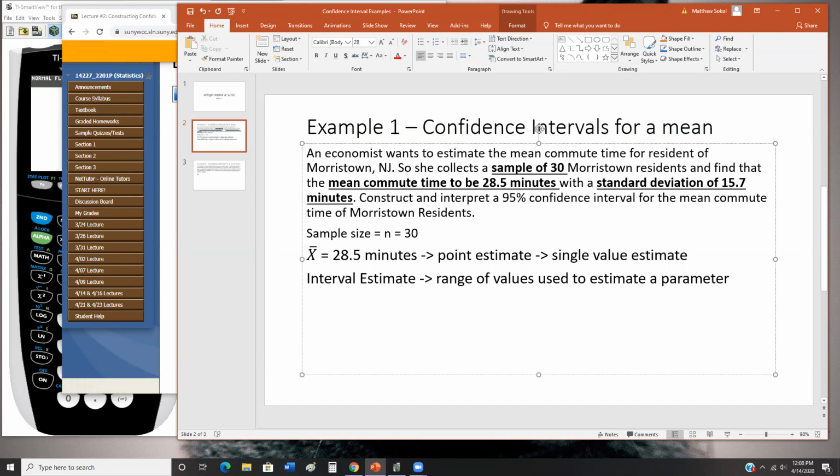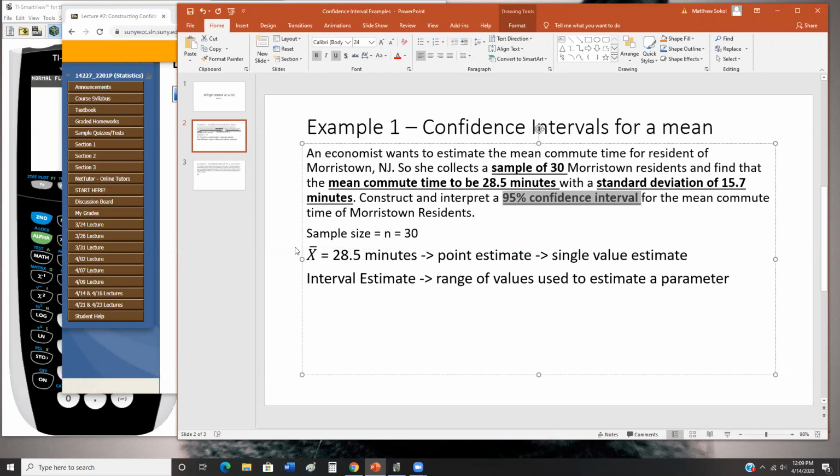As you go through the lecture, you're going to notice these things called 90, 95, and 99% confidence intervals. And all they are saying is, look, I am whatever level, 90, 95, 99% confident that the mean value of Morristown residents is between this number and this number.